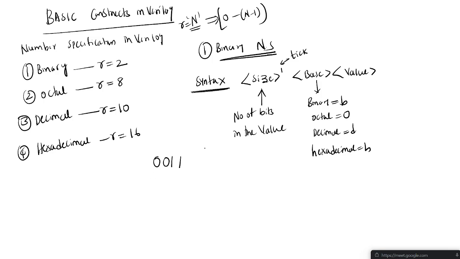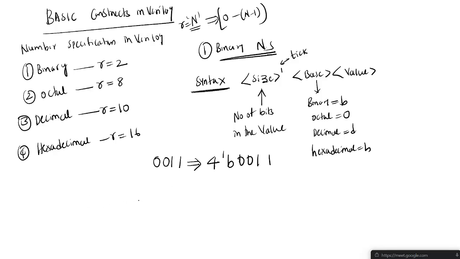How do you represent it? The number of bits is 4. So size is four, tick, base is B, and value is 0011.